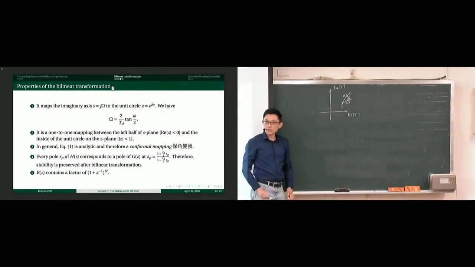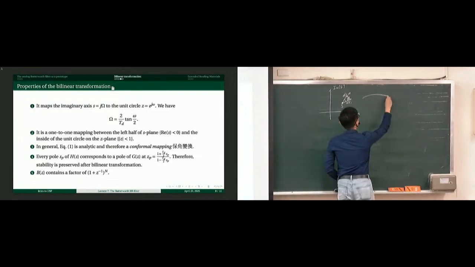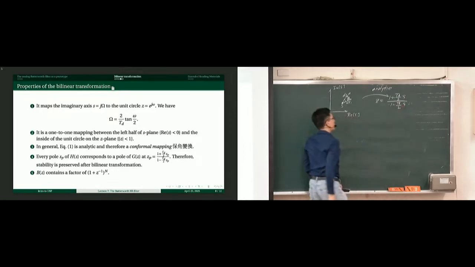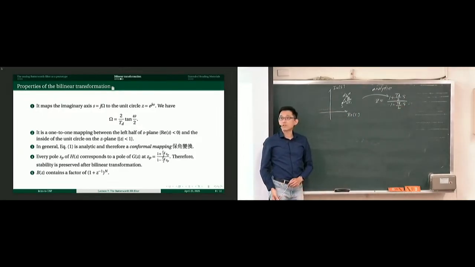That clear? Yeah. So now we have an analytic mapping, which is z equals (1 plus Td/2 times s) divided by (1 minus Td/2 times s). This is an analytic function defined on S. We said that this transformation, going to the z domain, should preserve the angle phi.